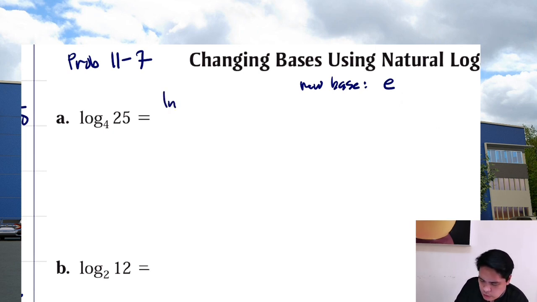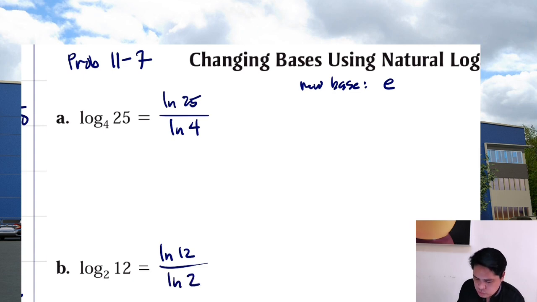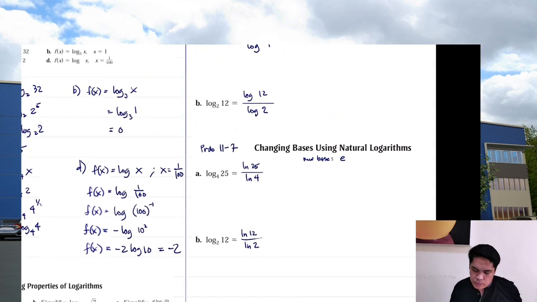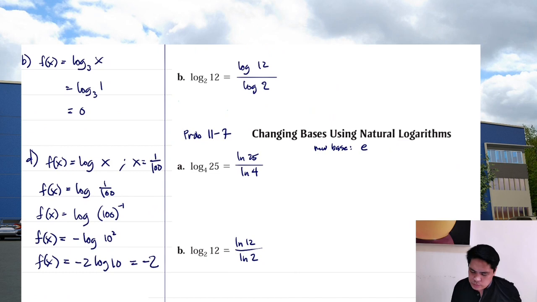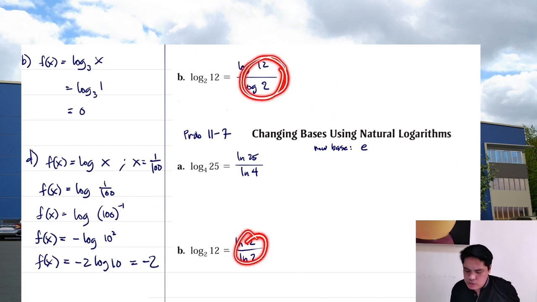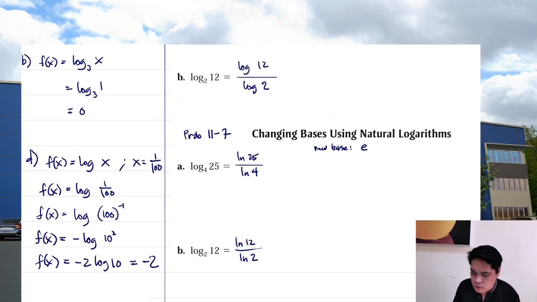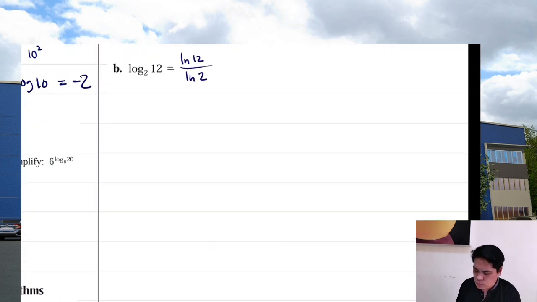So, magiging ln 25, new base natin is e, over ln 4. Ganun lang. Then, dito naman, ln 12 over ln 2. Ganun lang. And, if you check your calculator, this value is the same as this value. Ganyan. You may check sa calculator. So, that's it. So, puro lang warm up yung problem. That's too very easy. So, let's try another one.